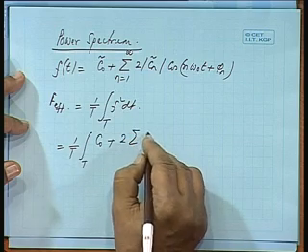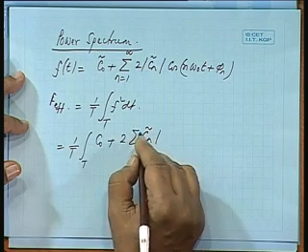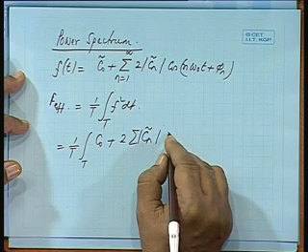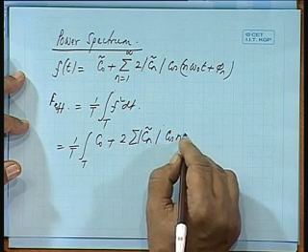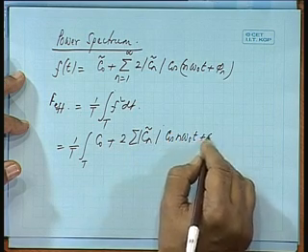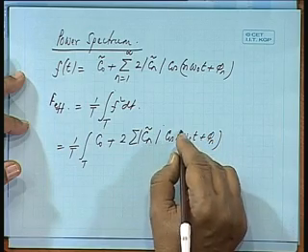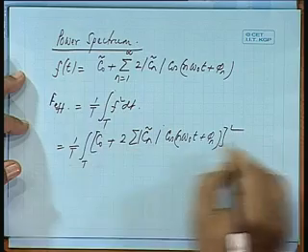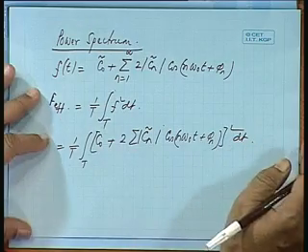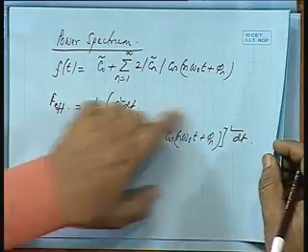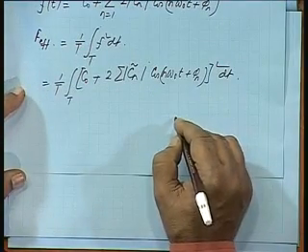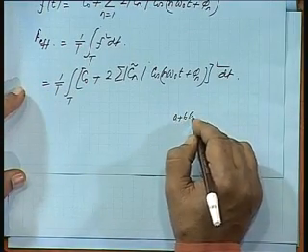So that is equal to 1 by T over T of C0 plus twice C n cos n omega naught t plus phi n, whole thing squared into dt.